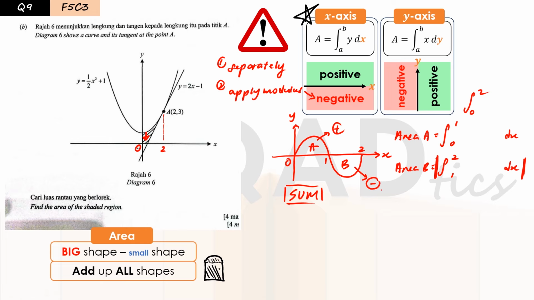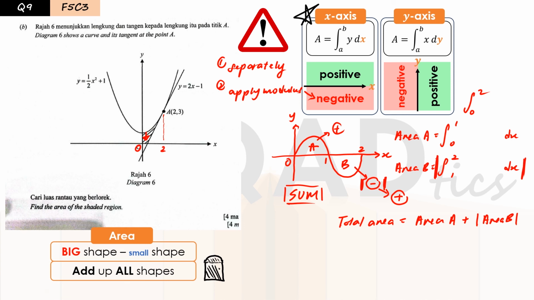This value here will become positive once we apply the modulus. So for the total area here, it would be area A plus the modulus of area B.